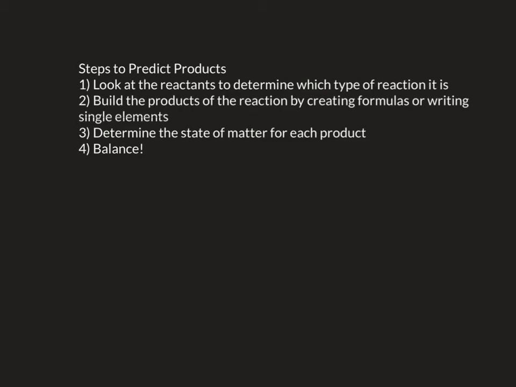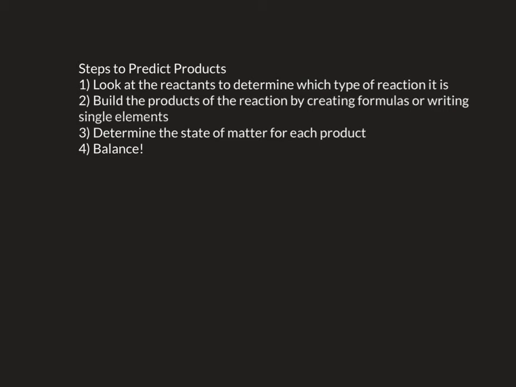Ionic compounds, if you remember, are always solids at room temperature. So every time we're building a compound, we're always going to build an ionic compound, and it's always a solid. For the individual elements, it's really easy to determine their states of matter. We just have to check what they are on the periodic table. Remember, a white background means it's a solid, a gray background means it's a gas, and a black background means it's a liquid.